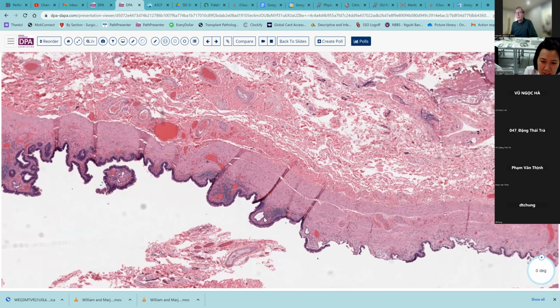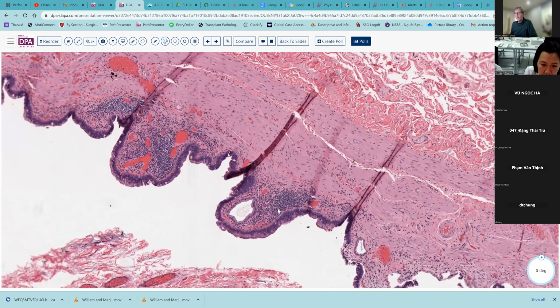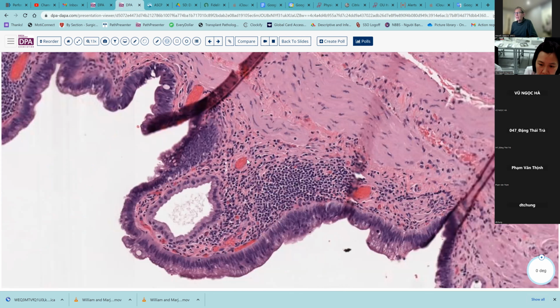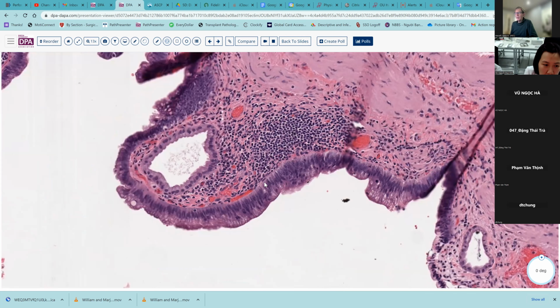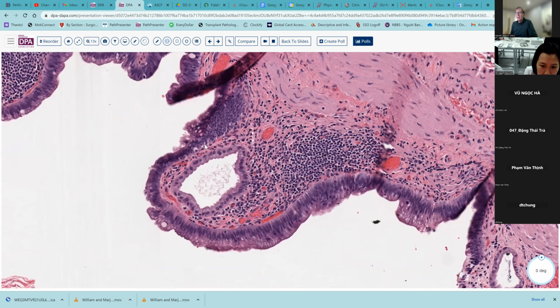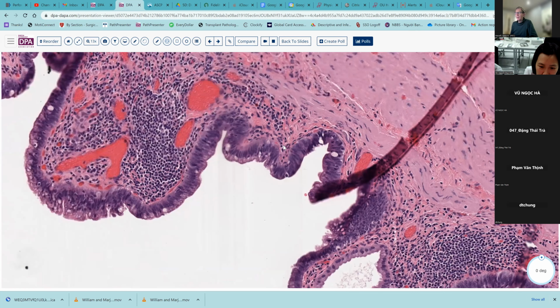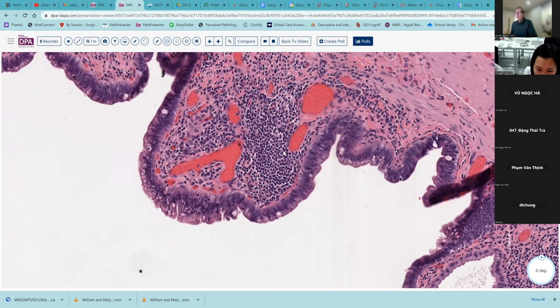We see some inflammation here. And when you see this sort of hyperchromasia, you do want to look and say, do we have dysplasia? And so looking at an area like this that maybe looks a little bit bluer is an important part of your exam to make sure that you don't have a dysplastic lesion.